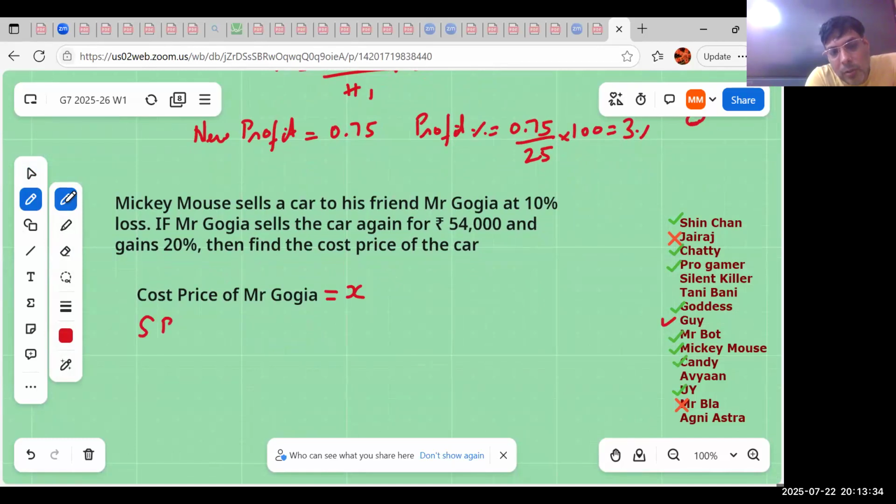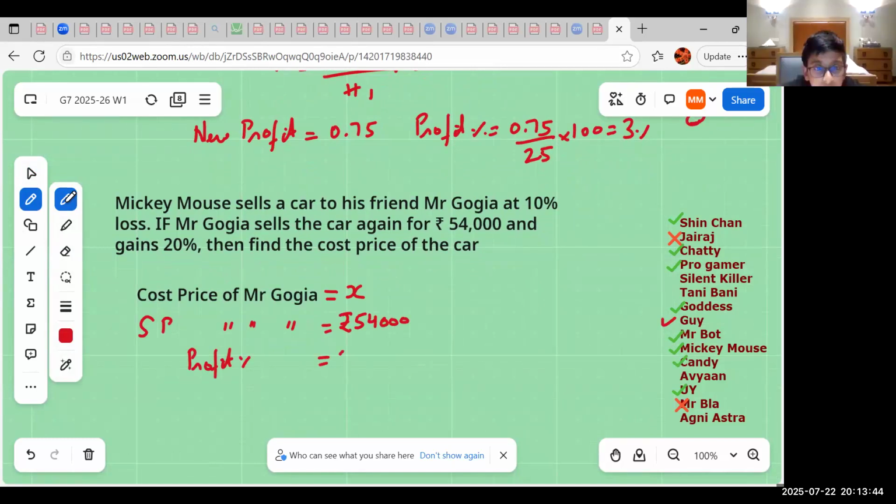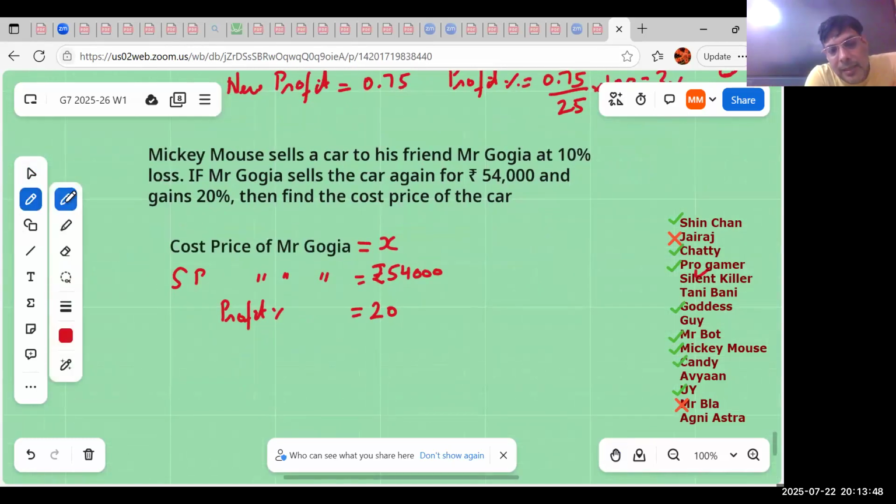So, SP of Mr. Gogia is given 54,000 and profit percent is 20. So, guys, again, CP plus profit. Profit is 20x by 100. That is equal to 54,000.